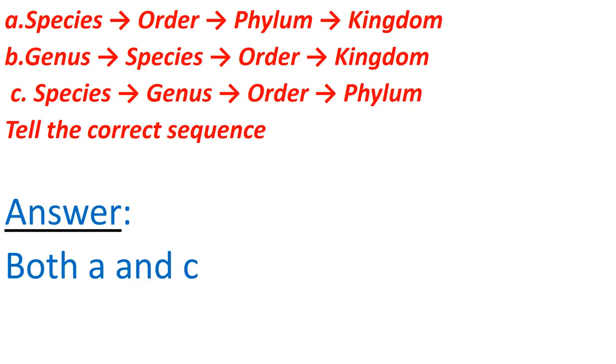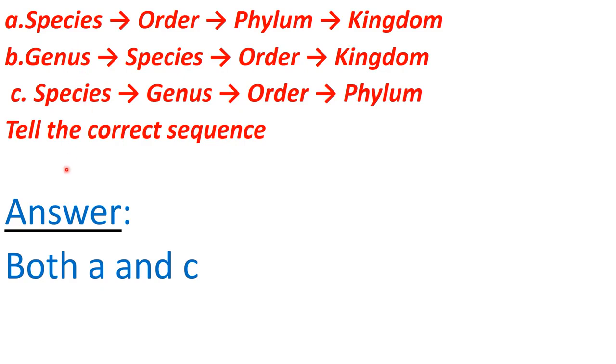Now question number 7. Three options are given, A, B and C, each with a sequence, and you need to tell which one is the correct sequence. You know the sequence for the classification: species, then genus, because genus comes after the species.